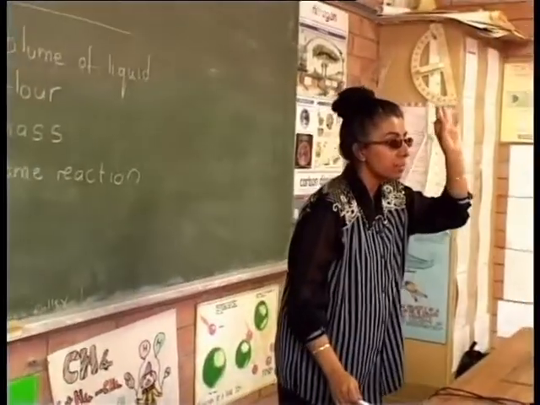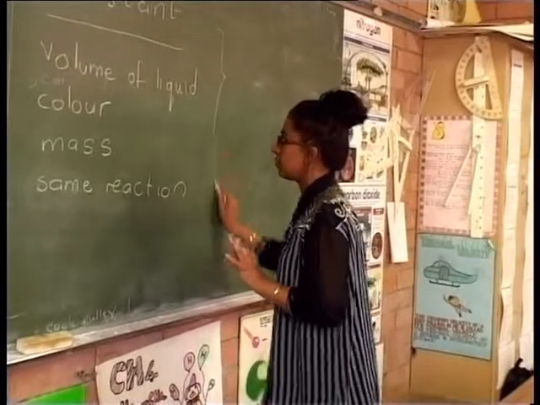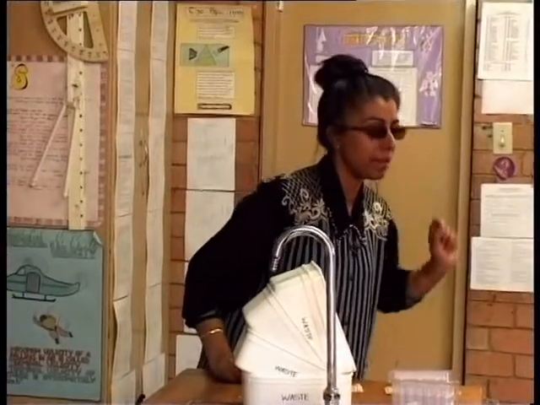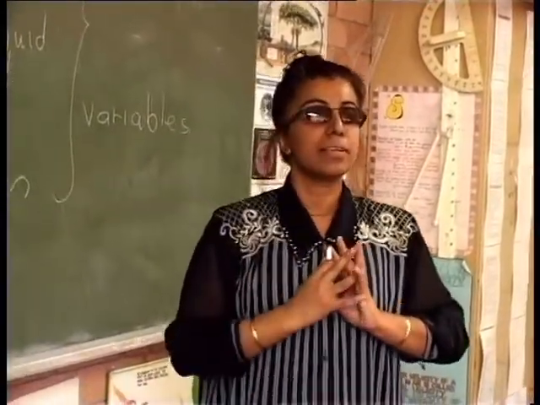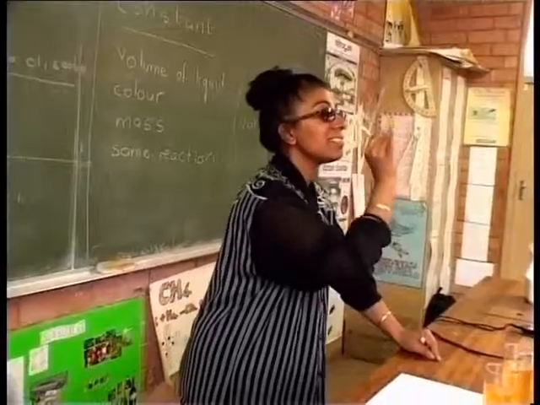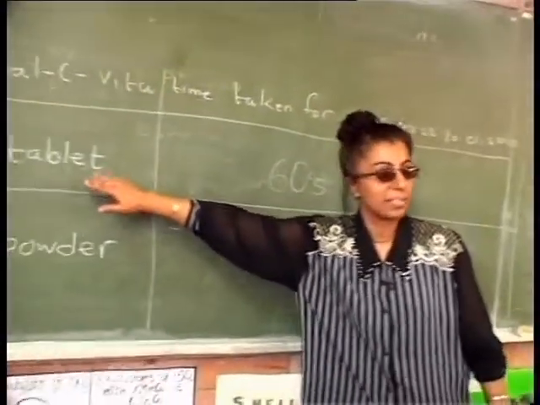Now these that were kept constant are called variables. If we choose to, we can make them different, but we kept them constant so that this could be a fair test.